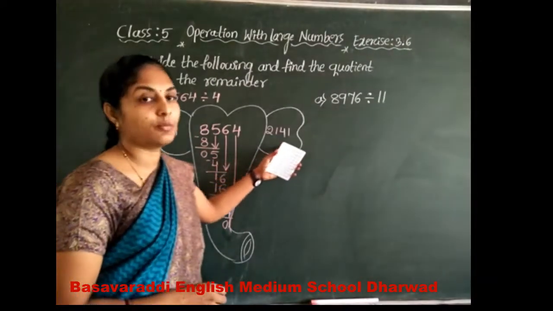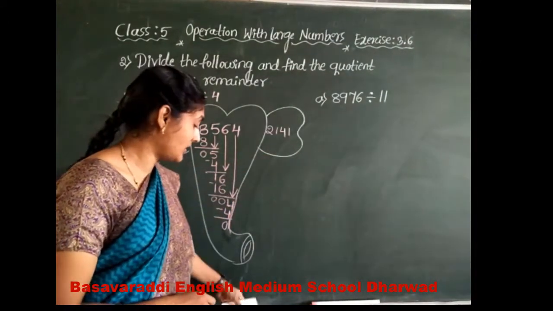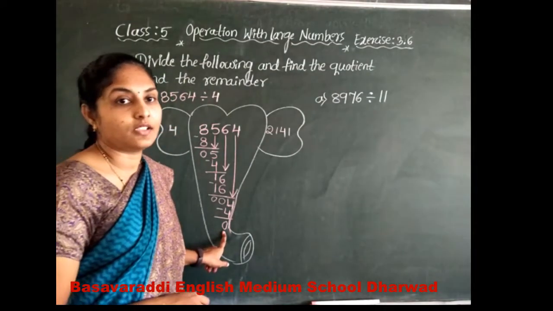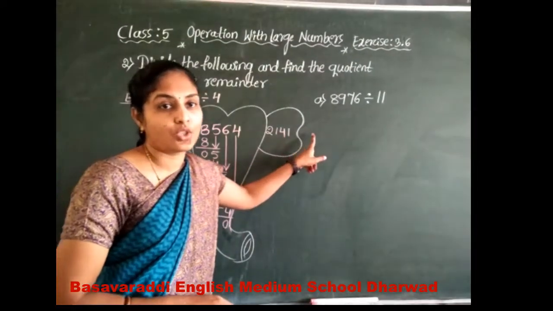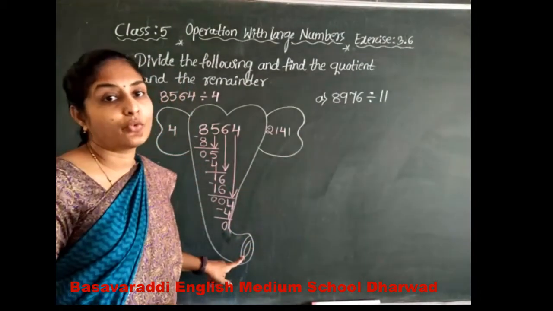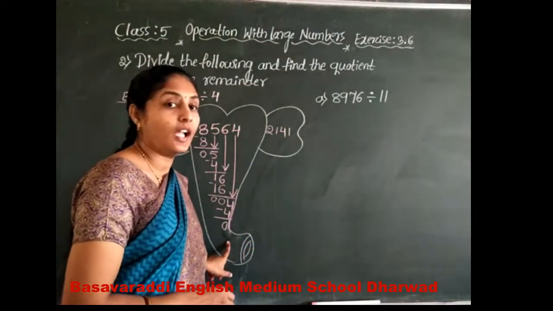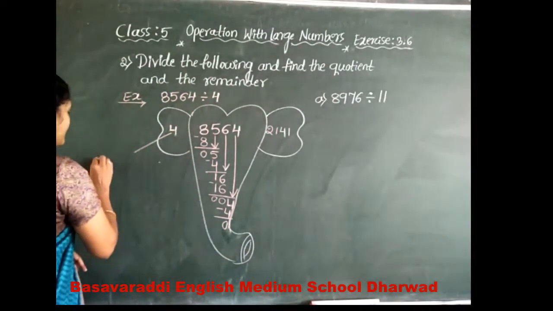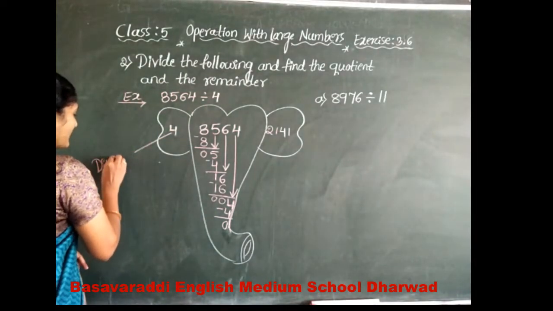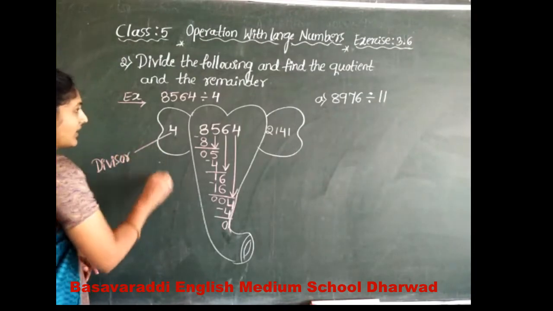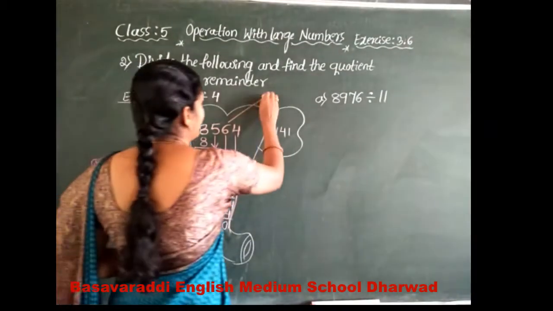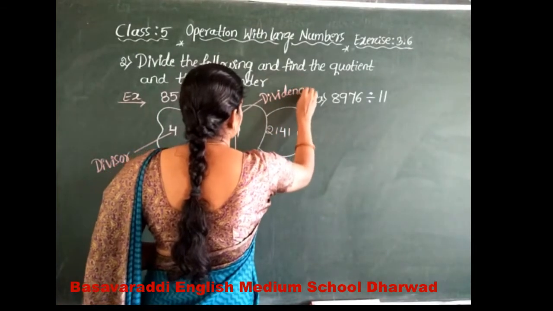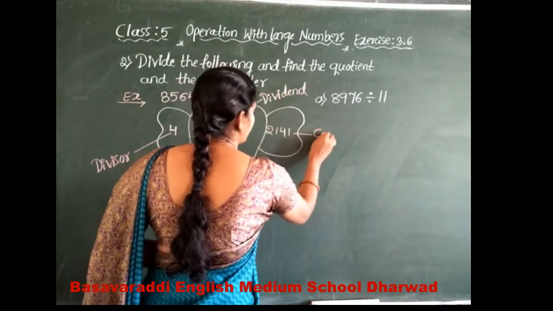The number on the top is called the quotient, and the last number is called the remainder. The result of the division is called the quotient. The number left over after the division is called the remainder. This is the divisor, this is the dividend, and this one is the quotient.